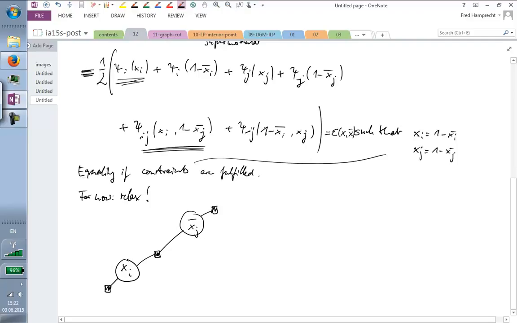And I also have a unary term associated with this xj bar. And then similarly, I have another vertex for xj with a unary which is connected through this term here with xi bar.